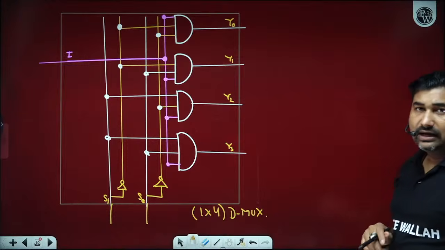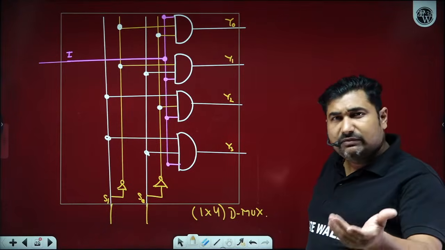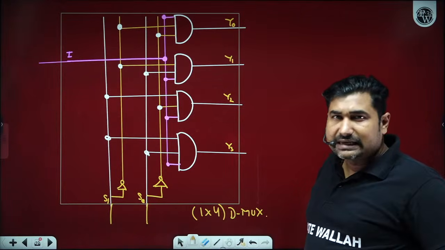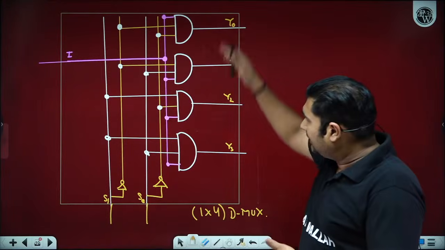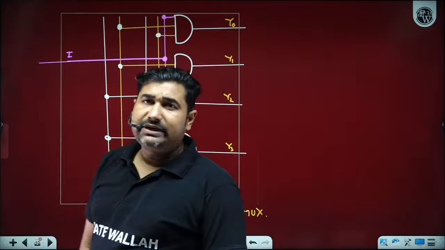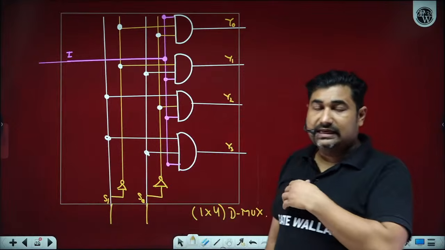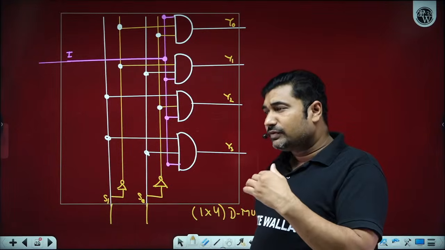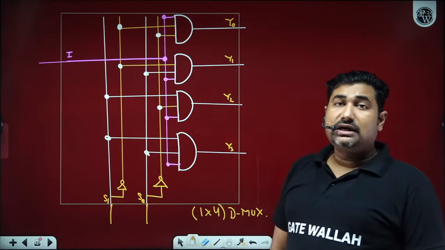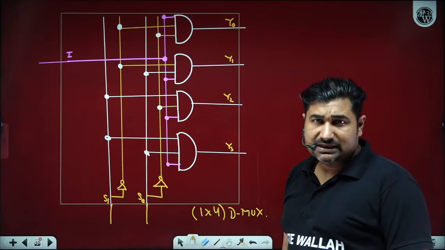Can you design a 1 cross 8 size demux? Yes, sir. Can you design a 1 cross 16 size demux? Yes, sir. Can you design a 1 cross 64 size demux? Yes, sir. We can see 64 AND gates are there. How many of you are able to understand, beta ji? Yes, sir. But suppose we have to perform a 1 cross 64 operation, but we only have a 1 cross 8 demultiplexer available.